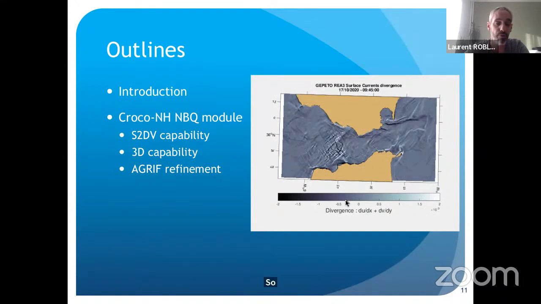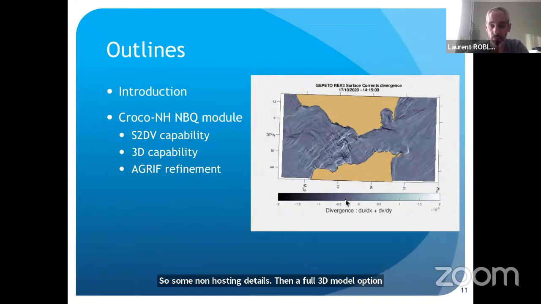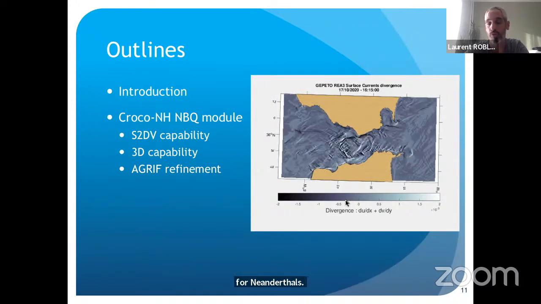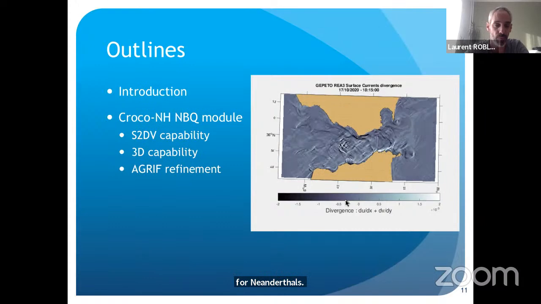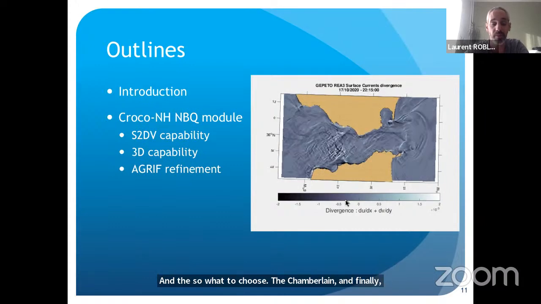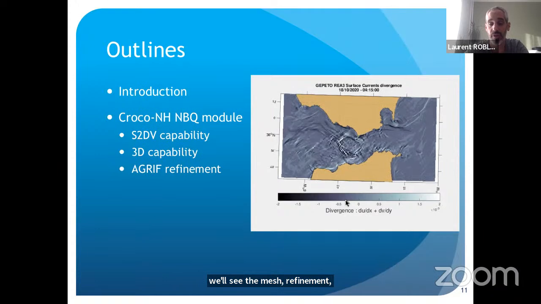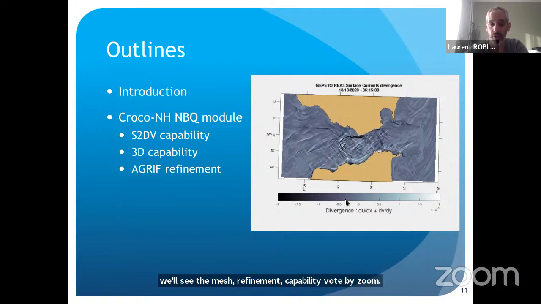Then a full 3D model option for nearly LES and the route to turbulence. And finally, we'll see the mesh refinement capability brought by the AGRIF library provided with CROCO for the study of ocean scale interaction.